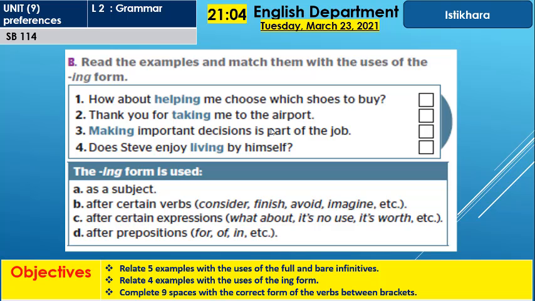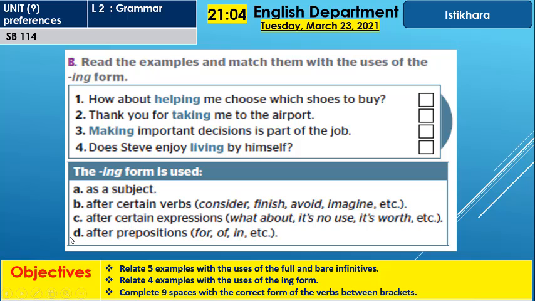Here you are supposed to read the examples and match them with the uses of the ing form. The uses are as follows. A, as a subject. B, after certain verbs like consider, finish, avoid, imagine, and the like. C, after certain expressions like what about, it's no use, it's worth, and the like.